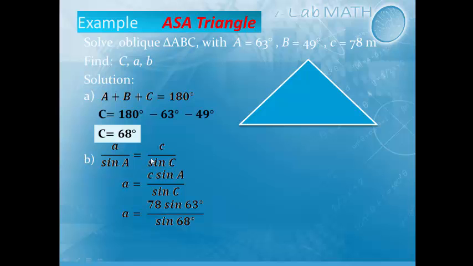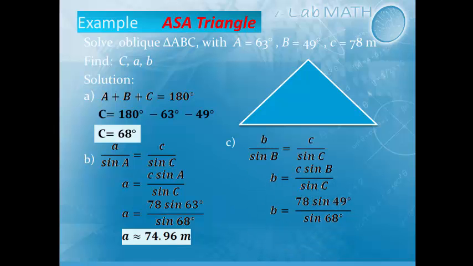So a over sine A equals c over sine C. Substituting the values, we have 78, and 63 for angle A, and angle C is 68. So compute that. Side a is approximately 74.96 meters.